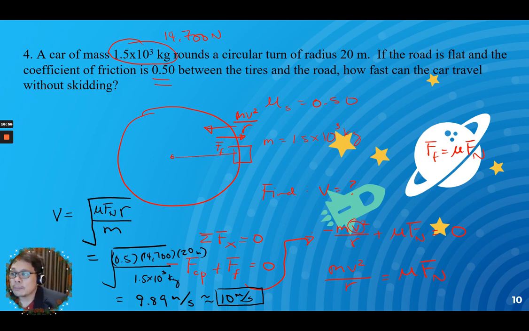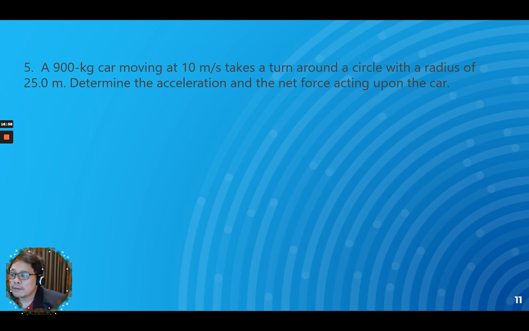Okay, let's go to number 5. Number 5, a 900 kilogram car moving at 10 meters per second takes a turn around the circle with a radius of 25 meters. Determine the acceleration and the net force acting upon the car. F is equal to mv squared over r to get the force.